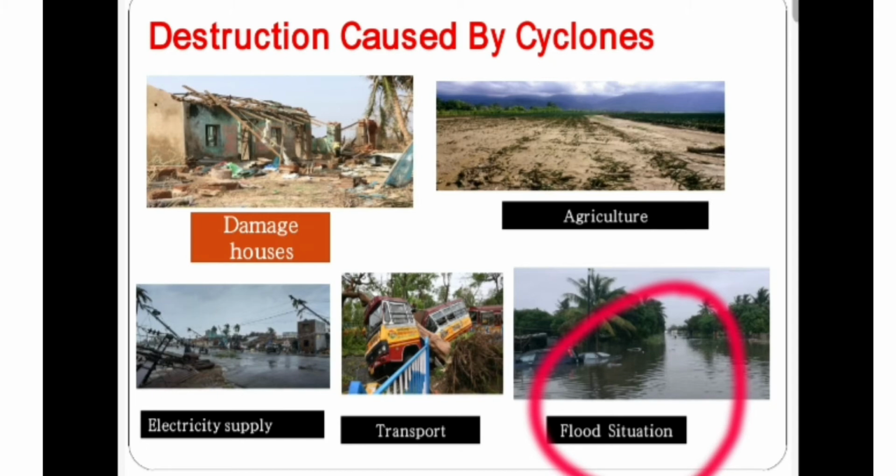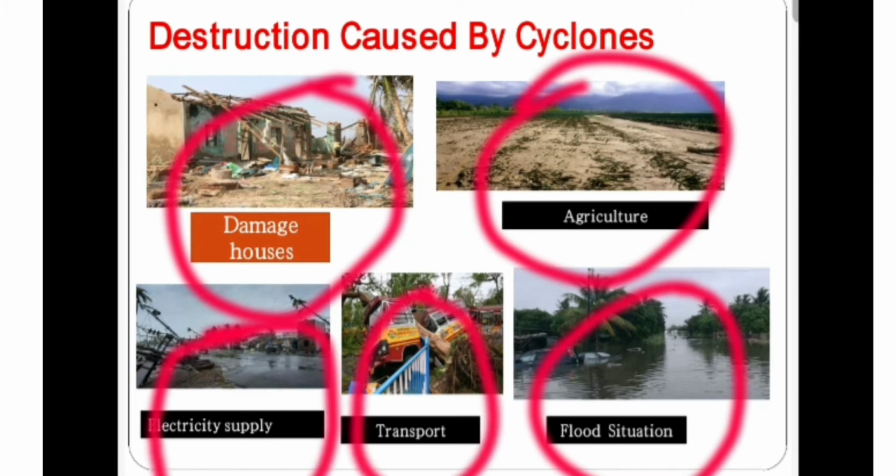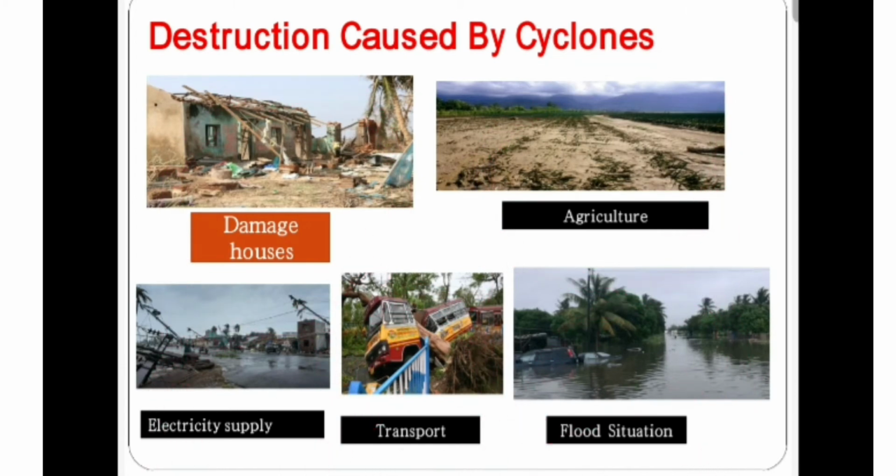High speed winds accompanying a cyclone can damage houses, agriculture, electricity supply, transport, telephones, and other communication systems, etc. This causes tremendous loss of life and property.